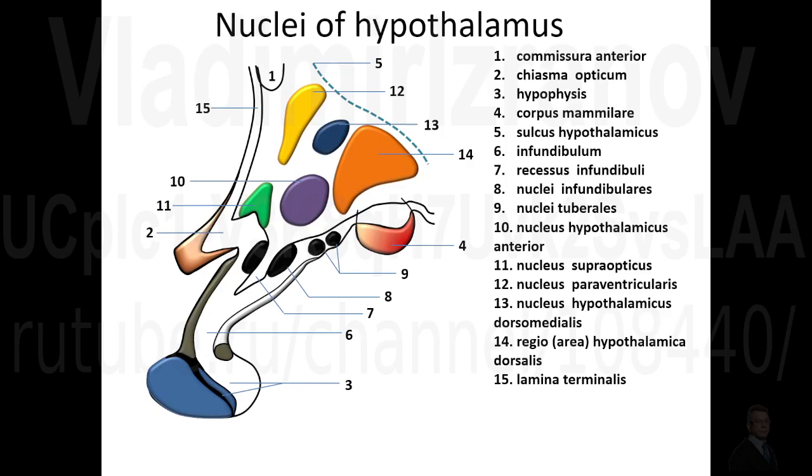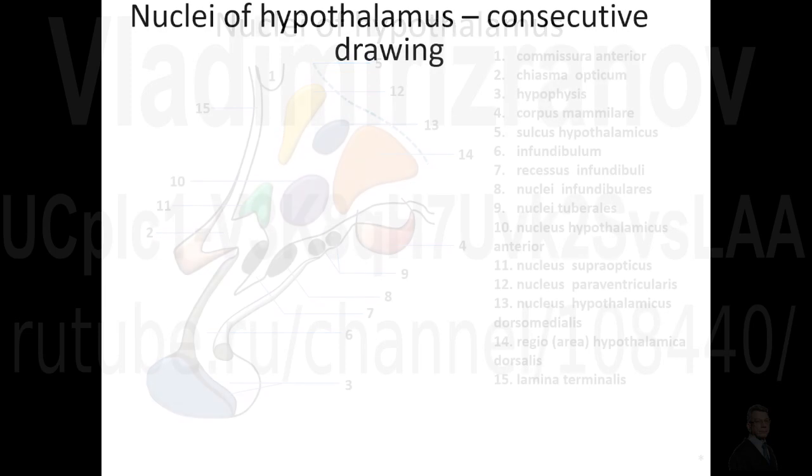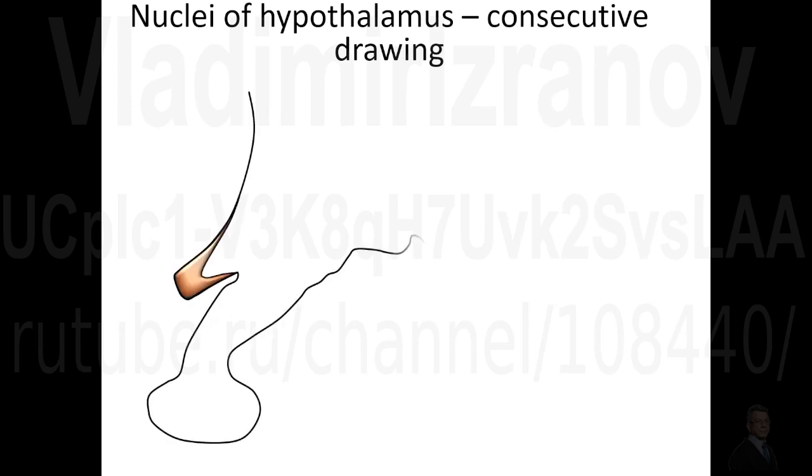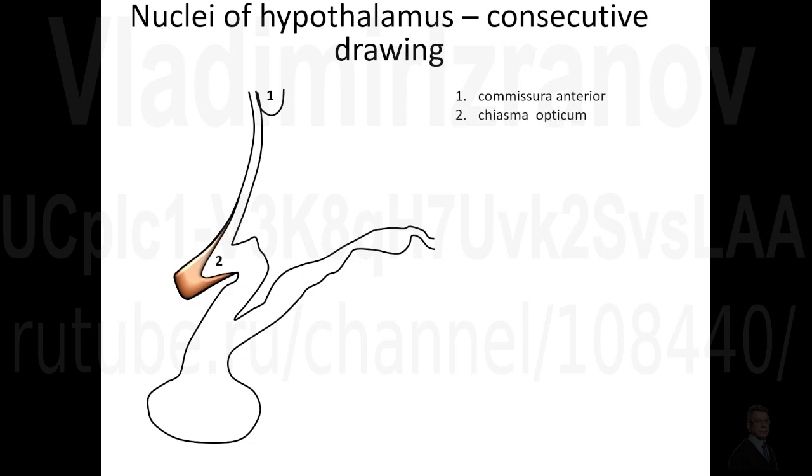And now nuclei of hypothalamus. Let us make together the consecutive drawing of this picture. So number 1 is commissura anterior. Number 2 is chiasma opticum. Number 15 is lamina terminalis.